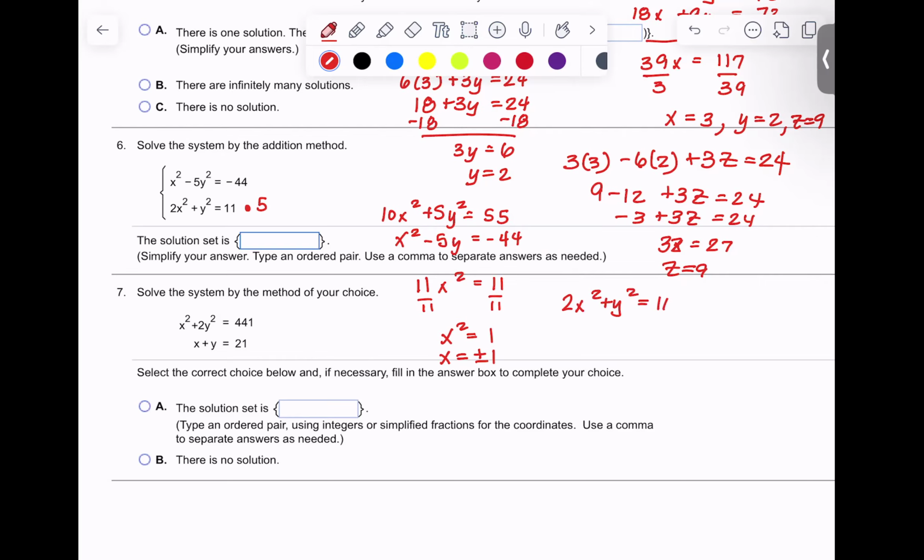I'm going to plug in x is 1, and I get 2 plus y squared is equal to 11. So subtract the 2 from both sides, and I get y squared is equal to 9. And then if y squared is equal to 9, then y is equal to plus or minus 3.